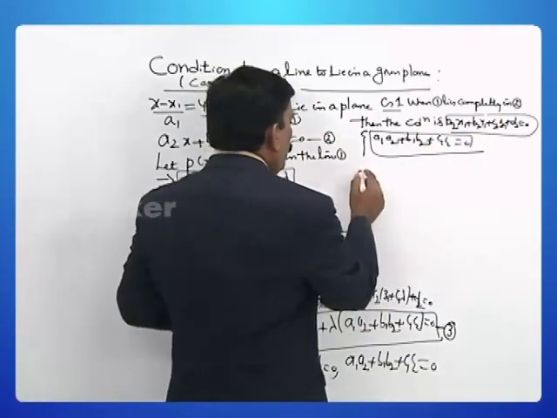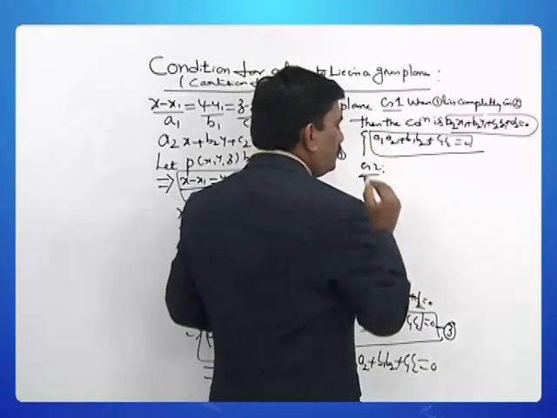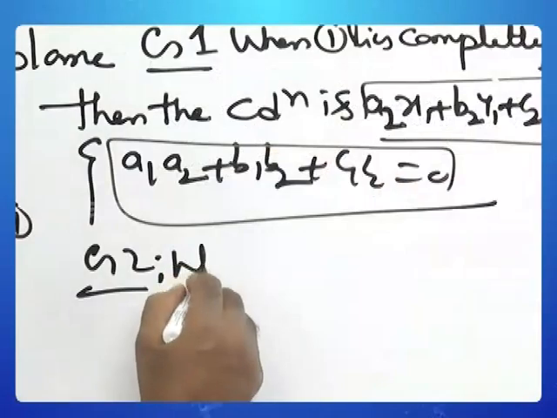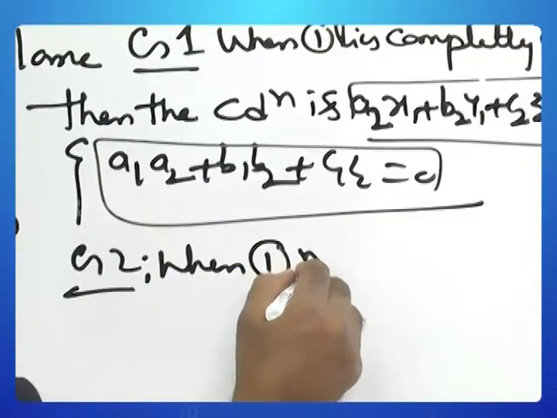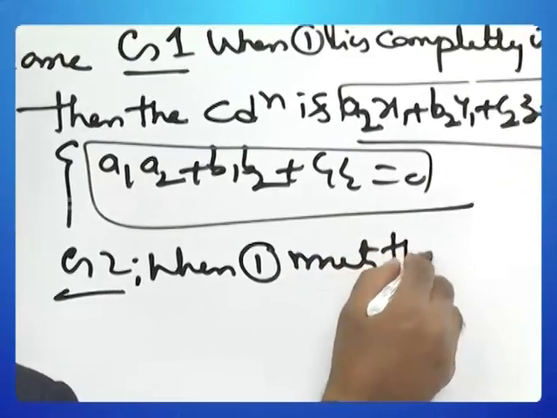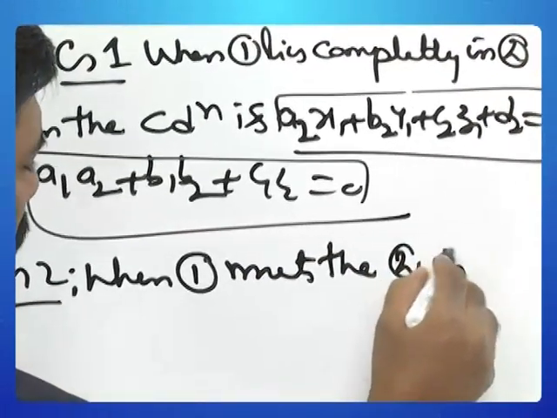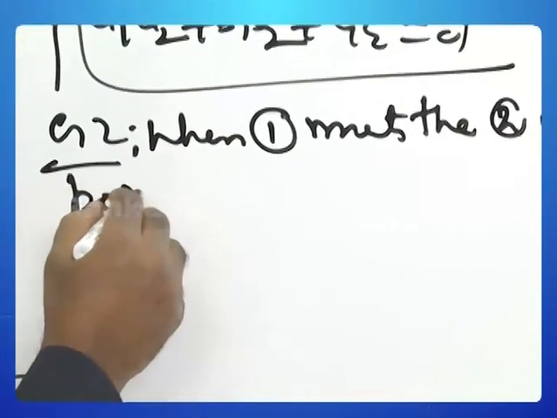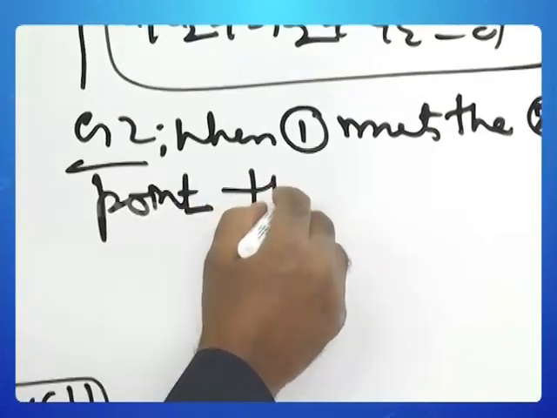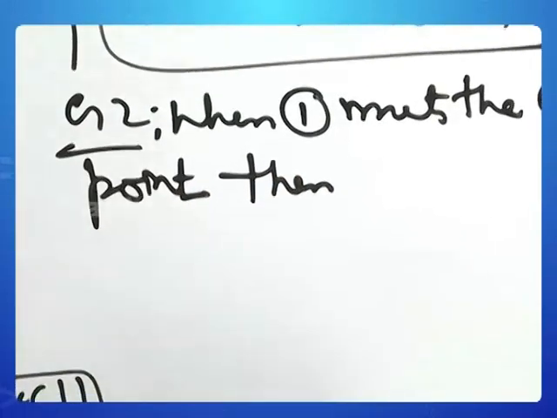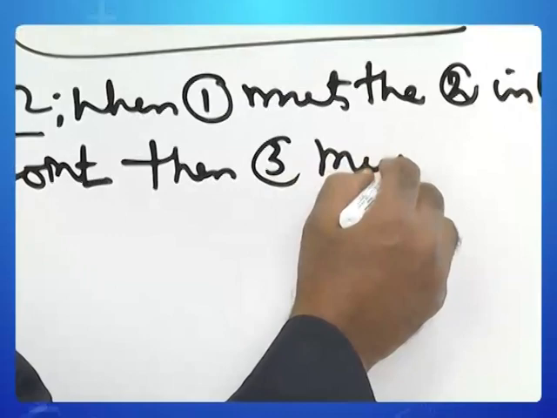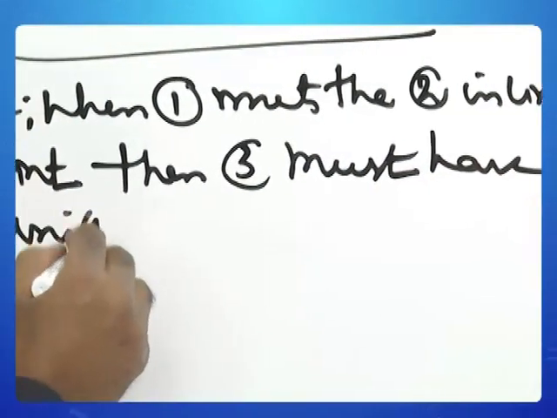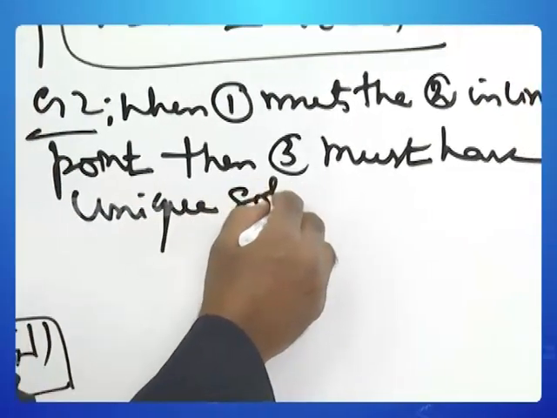Then let us see what case 2 is. Case 2: when line 1 meets the plane 2 in a unique point, then equation 3 must have a unique solution.